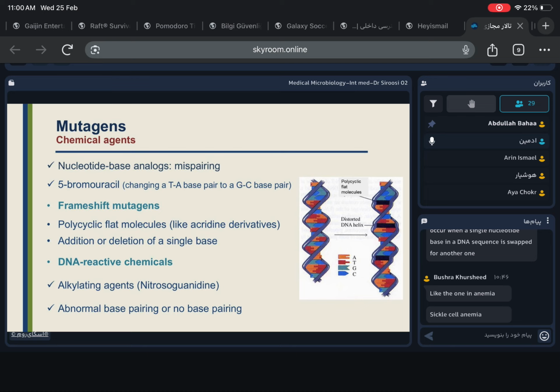These alkylating agents are able to add alkyl groups to the bases, and because of this change in the chemical structure of the DNA bases, we have abnormal base pairing, and sometimes these changed nucleotides can't pair at all. So that's why they are able to add mutations in the DNA.